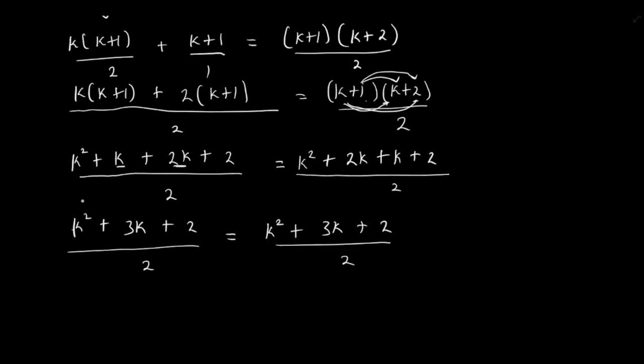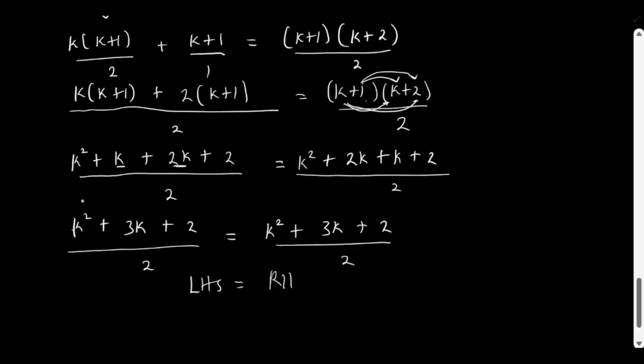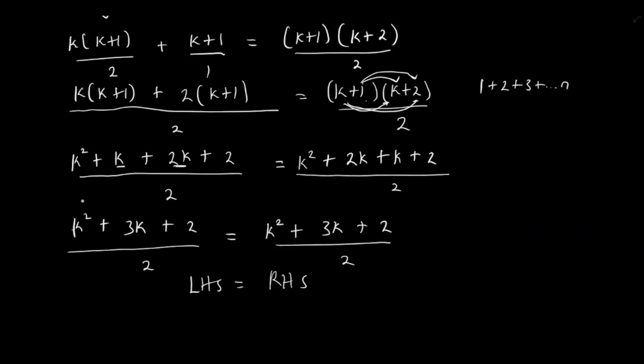So you can see the left hand side equals the right hand side, which shows that the statement is true for all values of n. So this is how you prove 1 plus 2 plus 3 plus all the way to n equals n(n+1)/2 by mathematical induction.